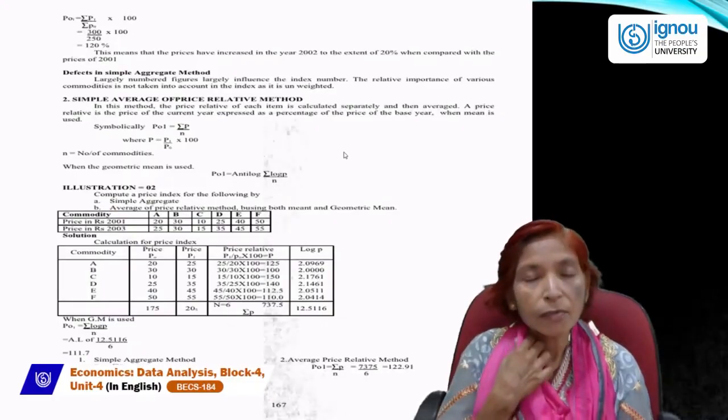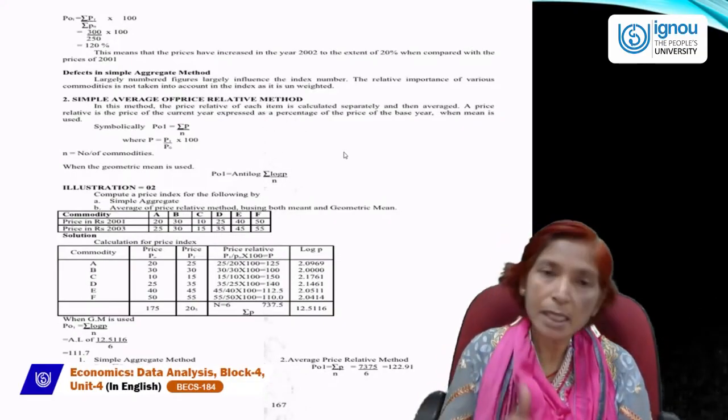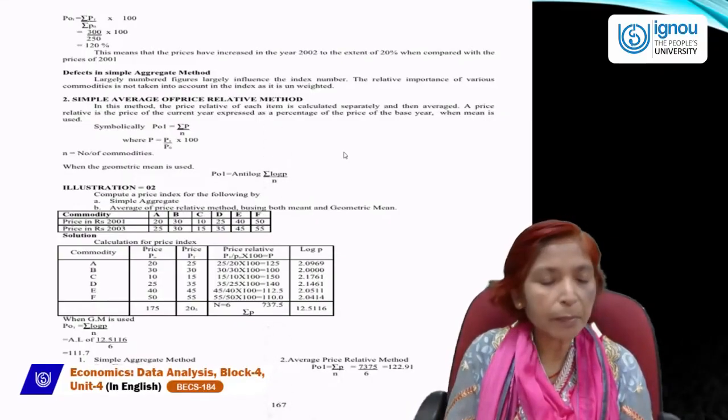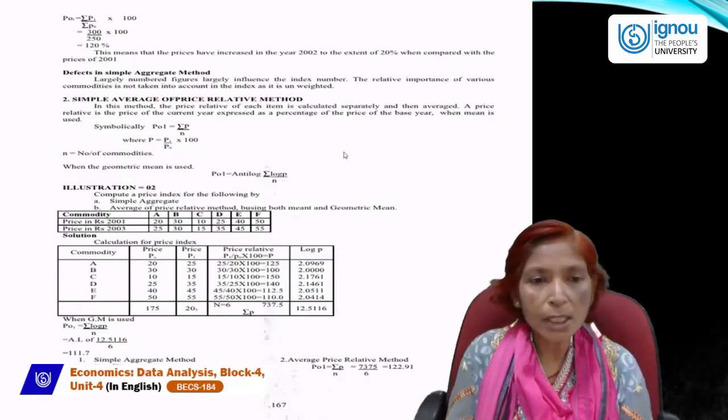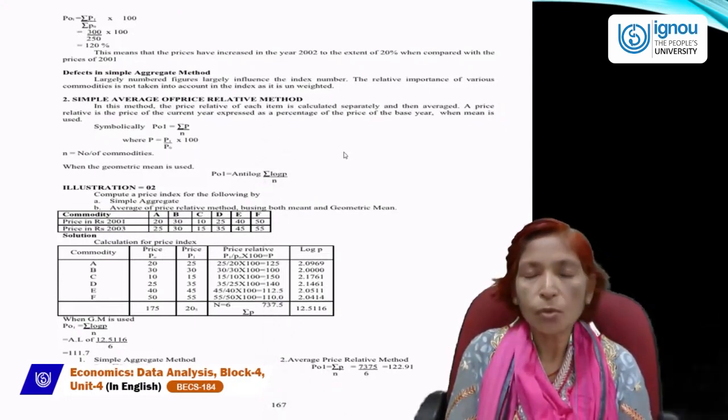And if the answer falls below 100, that will show that there is a decrease in the activity of the economy. So it's a very simple method. We can easily calculate by using this simple index number method, P1 upon P0 into 100.